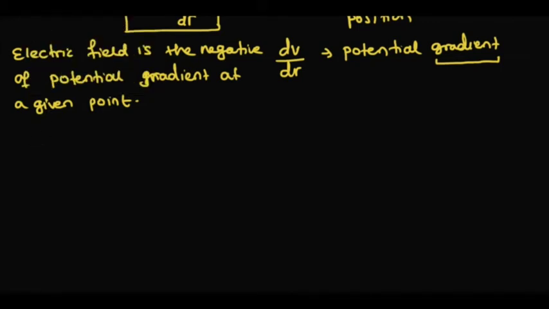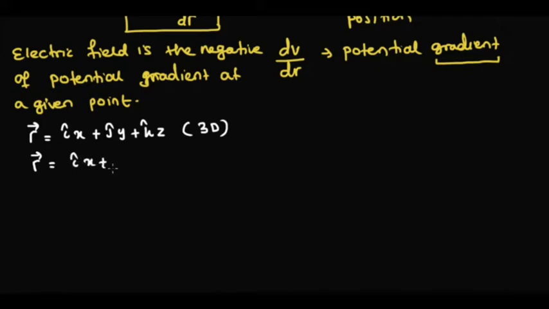We know that r vector is equal to i cap x plus j cap y plus k cap z. In the three-dimensional space, r vector can be written as i cap x plus j cap y plus k cap z. This is in case of three dimension. But if we are in xy plane, then r vector can be written as i cap x plus j cap y. This is in case of xy plane.